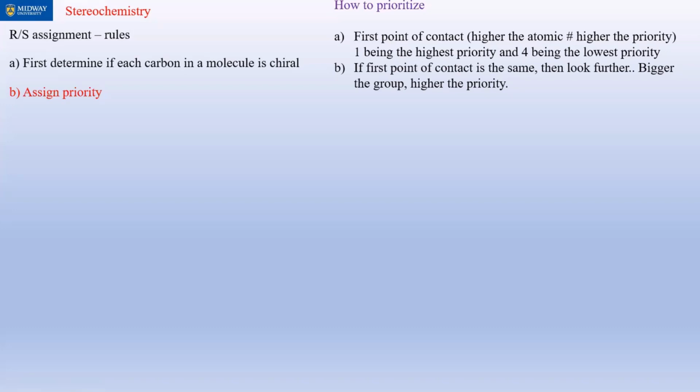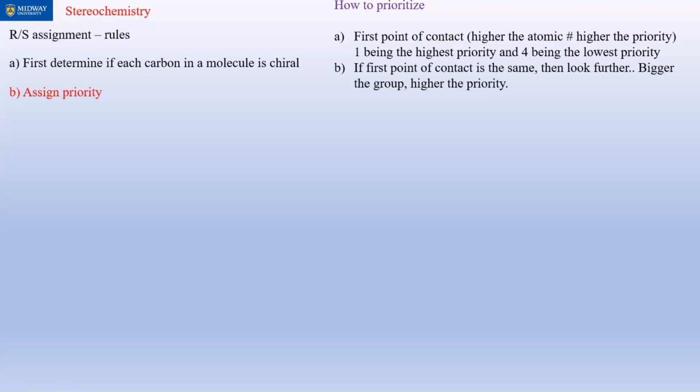I've taught you about the high priority. Even when we learned Z and E or cis and trans, I had taught you about the first point of contact. That idea of first point of contact is the same. If the first point of contact is the same, then look further. The bigger the group, the higher the priority. Okay? Again, all of this will only make sense when we actually do a problem. Okay? So first rule is determine if each carbon in a molecule is chiral.